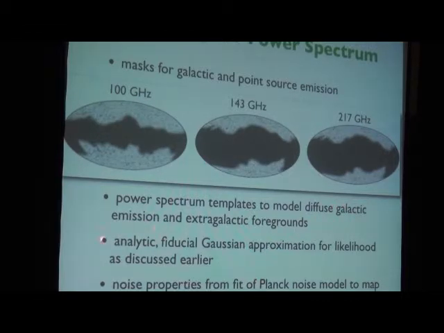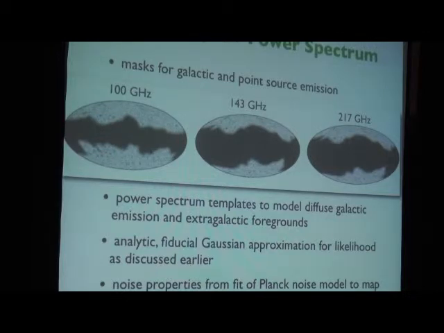The likelihood is the kind of likelihood I described at high L, so it's an analytic fiducial Gaussian approximation. And the noise, which we still need to compute the likelihood, is usually obtained from the half differences: you take the first half of the mission, the second half of the mission, take the difference, the signal should be gone, and you can obtain the noise in that way.